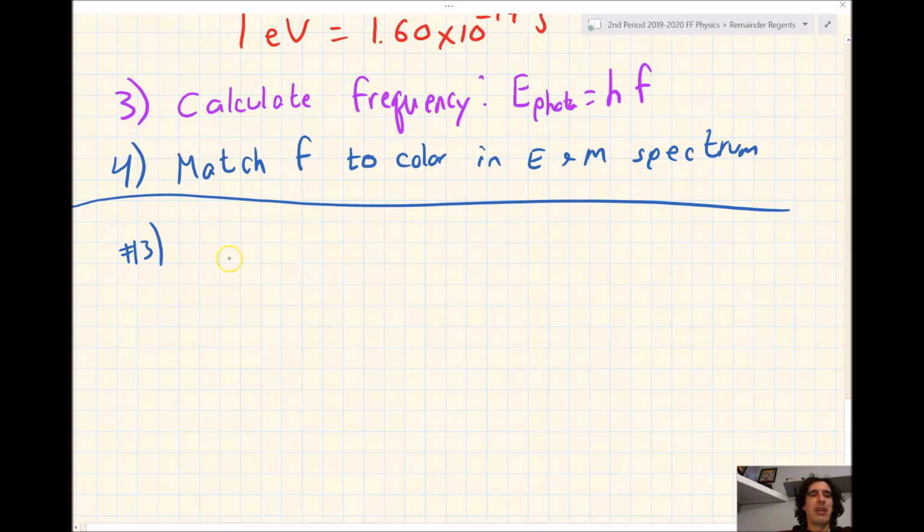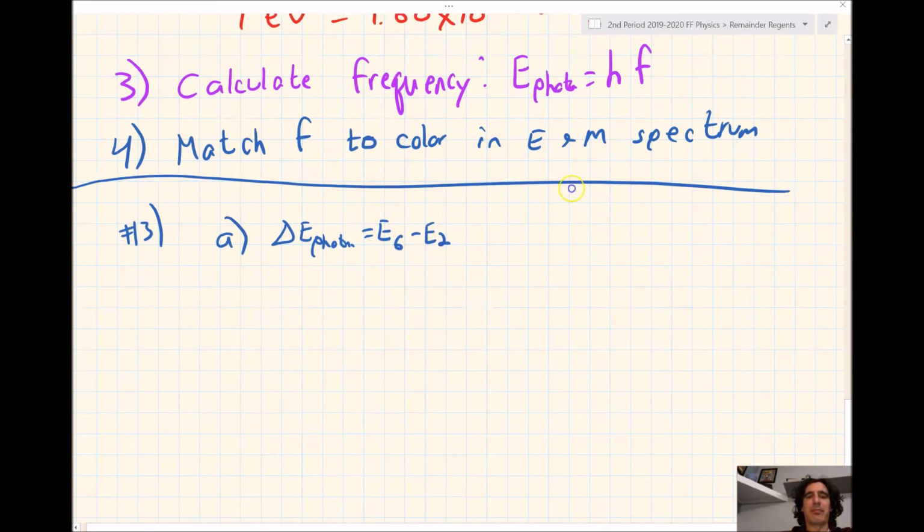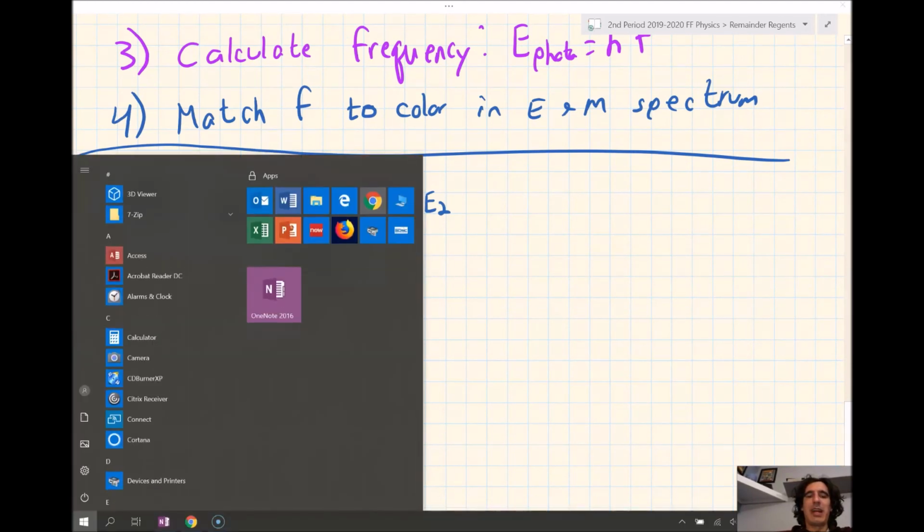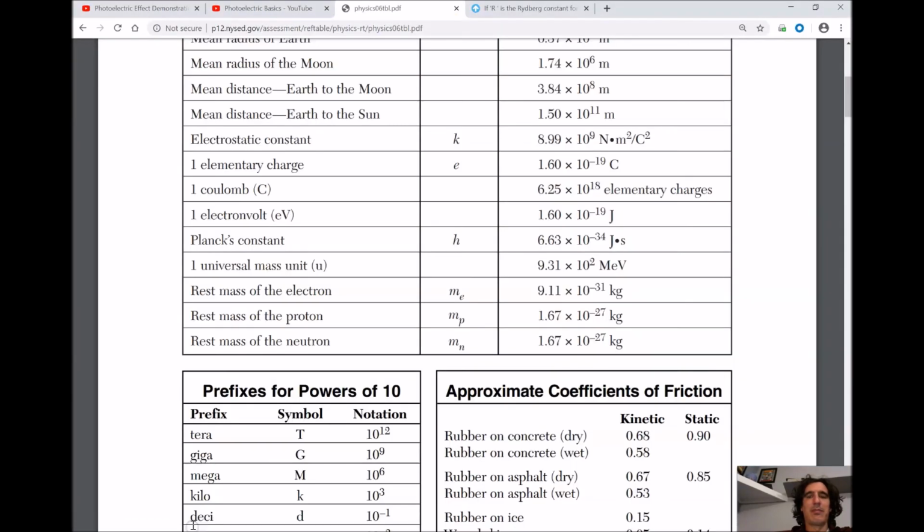So for 3a, we want to find the energy of the photon. We'll say the change in energy, and it's going from 6 to 2. So it'll be E sub 6 minus E sub 2. We can look up the energy levels in our reference table.